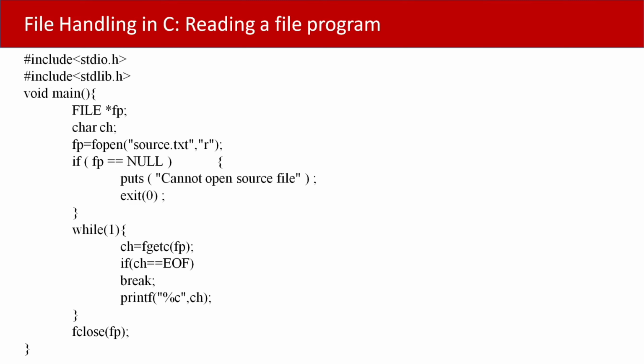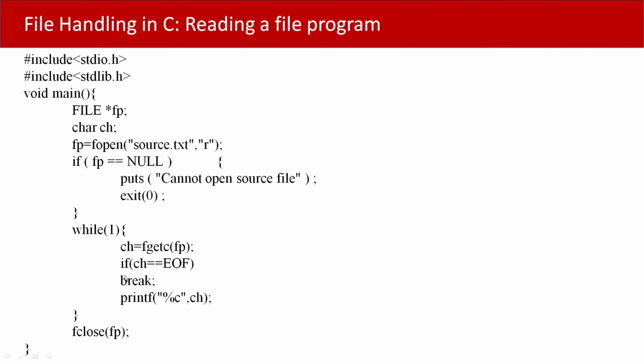These are various types of problems because of which fopen will return NULL. That means the file cannot be opened in the hard disk. At that time we give a message, cannot open the source file, and exit. Otherwise we can read the information available in source.txt.